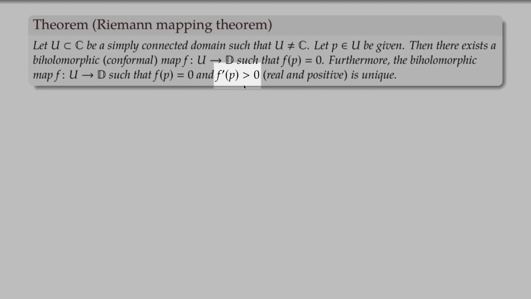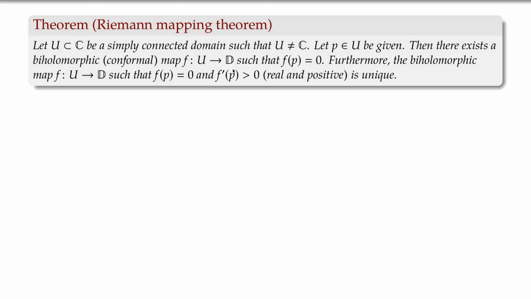It's just a shorthand for saying it's real, and as a real number, it is positive. Once we have such a map, we can always make the derivative real and positive. Then such a map is unique.